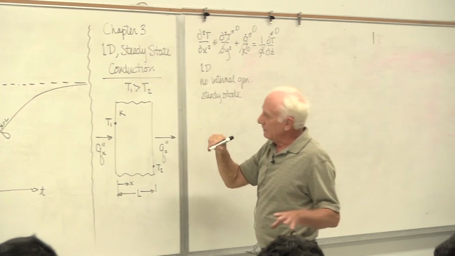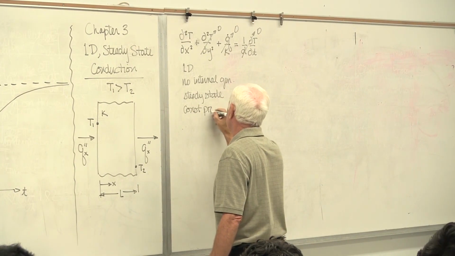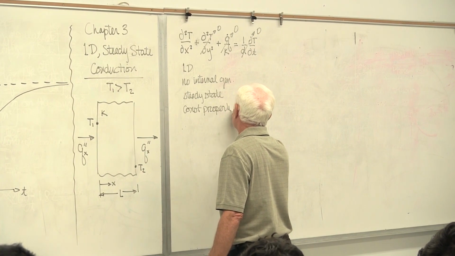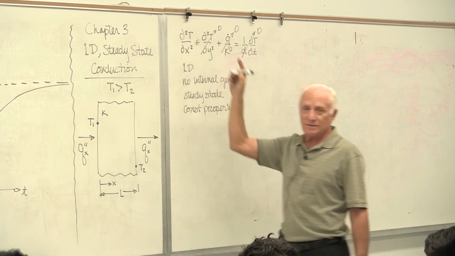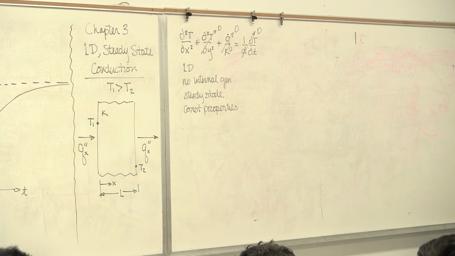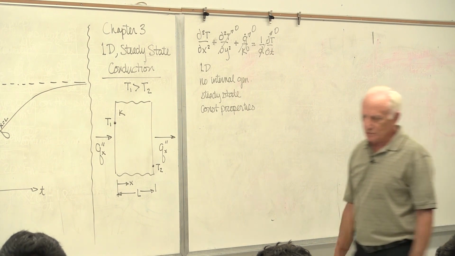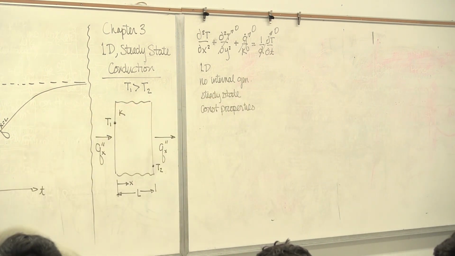I've already assumed constant properties because I pulled the k outside the partial sign, and the rho c sub p are assumed to be constant also. So constant properties.